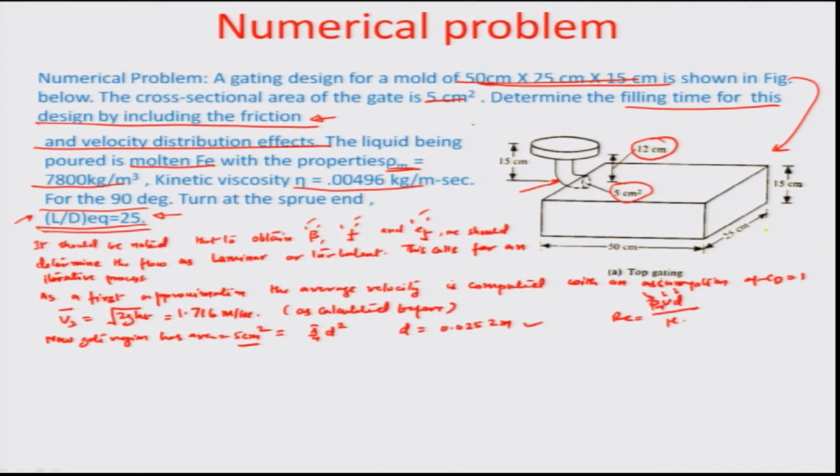Okay. So, Re becomes equal to, in this case, 7800 kg per meter cube, which is actually given to be the density of the liquid metal, times the velocity, which is 1.716 meters per second, times 0.0252 meter diameter, divided by the viscosity, which is 0.00496 kg per meter second.